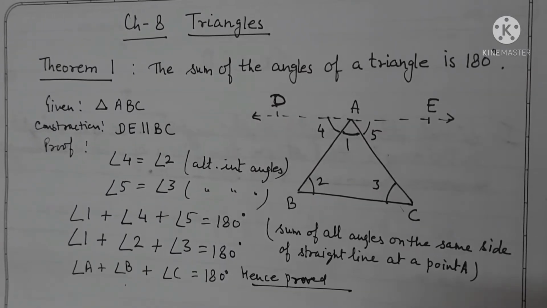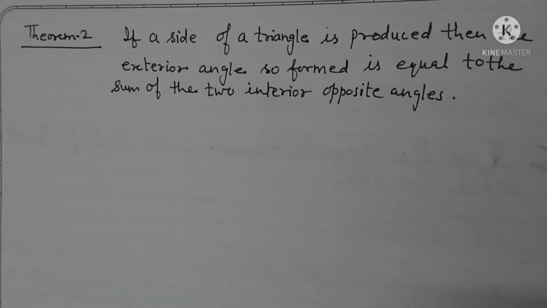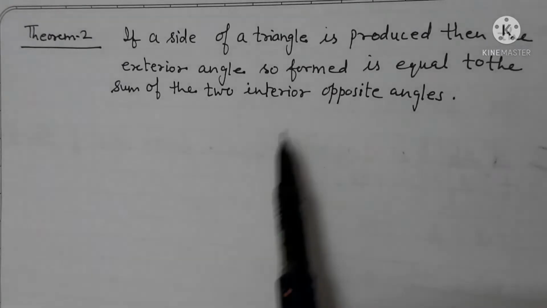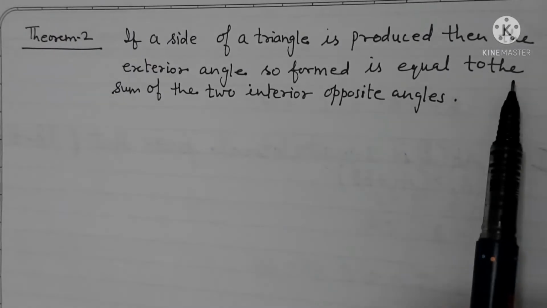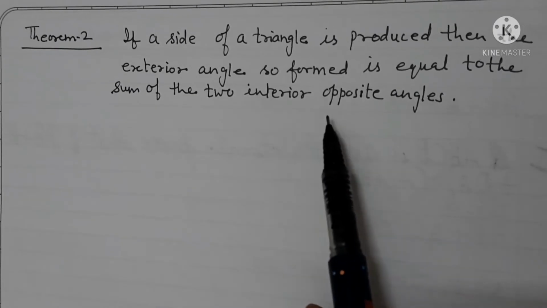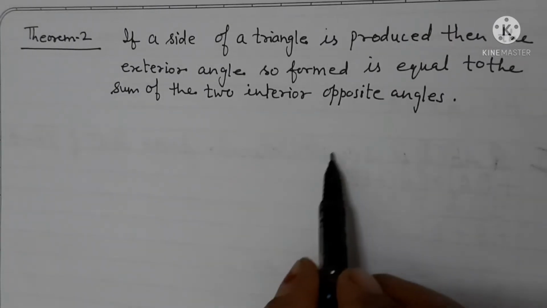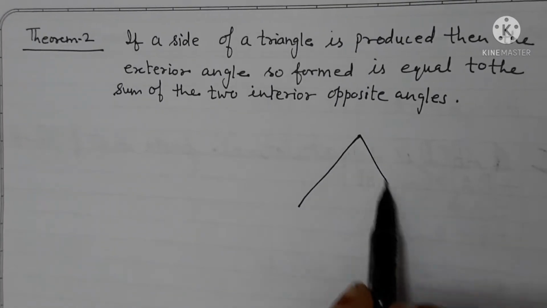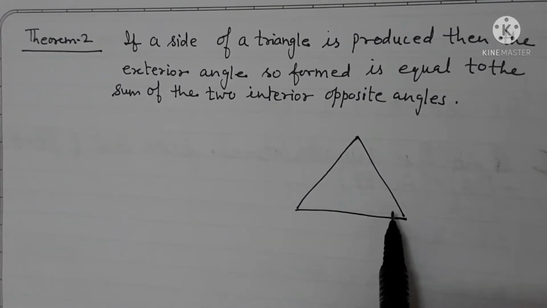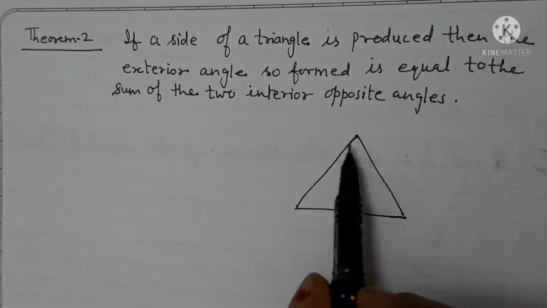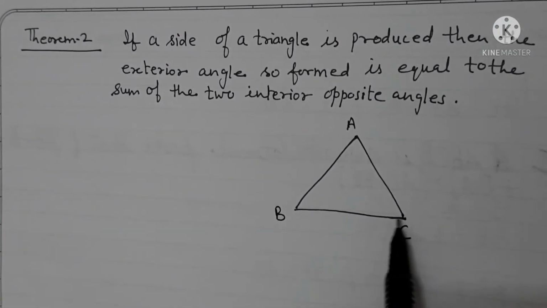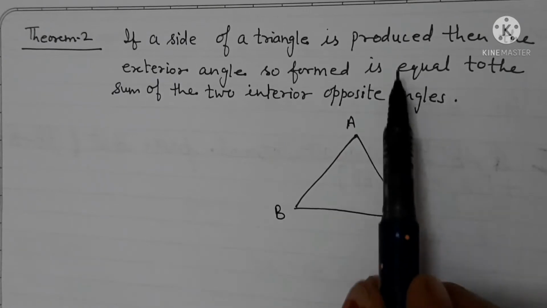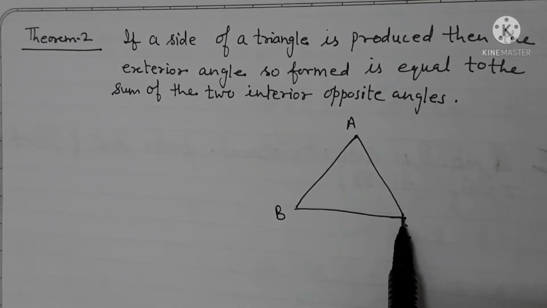See the steps. Next theorem. If a side of a triangle is produced, then the exterior angle so formed is equal to the sum of the two interior opposite angles. What does it mean? This is a triangle, a side of a triangle. So give the name A, B, C. So side BC is produced.